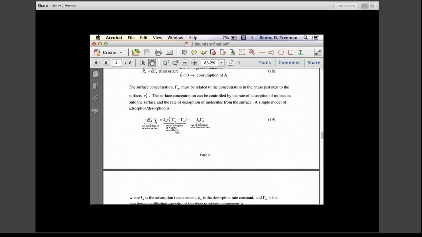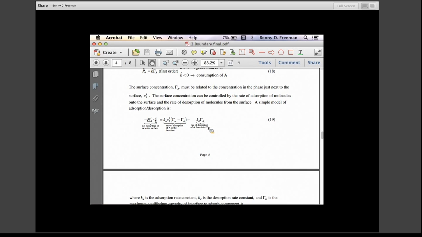The desorption model, and again, these can be varied depending on the situation, but this is a simple approach. The desorption model just says that the rate of desorption from the surface is proportional to how many molecules are adsorbed to the surface. So, each molecule has a certain probability of desorbing, and so the net rate of desorption is proportional to surface concentration.